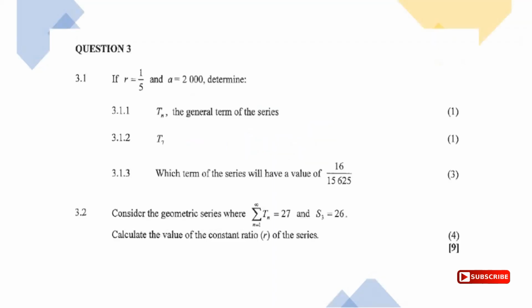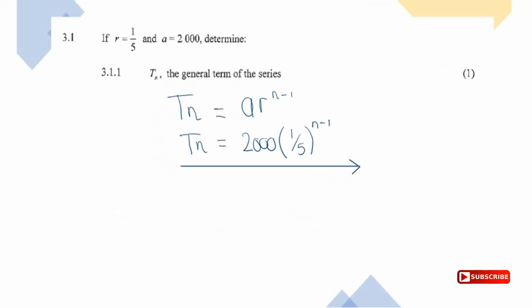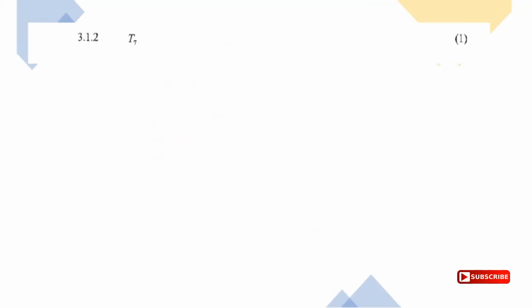The next question is we need to basically find the value of term 7. So we're basically going to substitute 7 where we see N. We use the formula for the nth term of this geometric series, which we found to be Tn equals 2000 multiplied by 1 over 5 to the power of N minus 1, and we want to find what term 7 of this series is equal to.